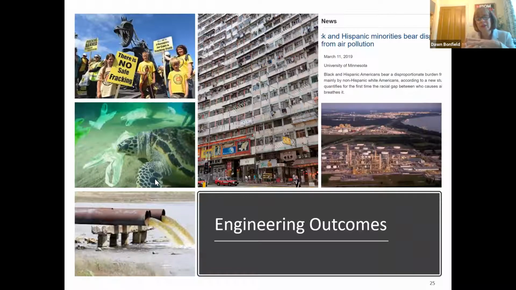And so if we start looking at these, these are the outcomes of engineering. So not what we produce, but things that happen as a result of what we're producing. So the pollution that we produce that goes into the air or that goes into our water streams, the plastic that goes into our oceans, the fracking, and who is impacted most, and often it's marginalized groups and poor areas of the country that are more usually impacted by these decisions that we take, sometimes inadvertently, in the process of doing our engineering work.